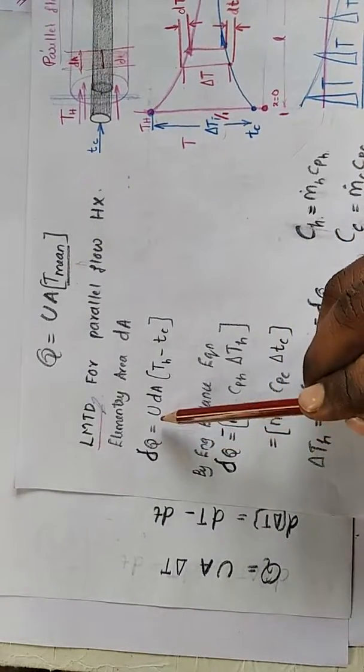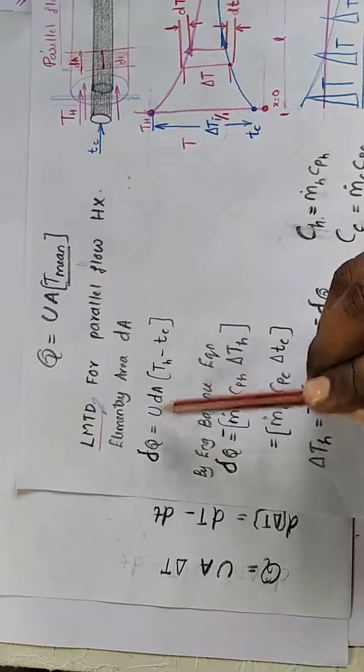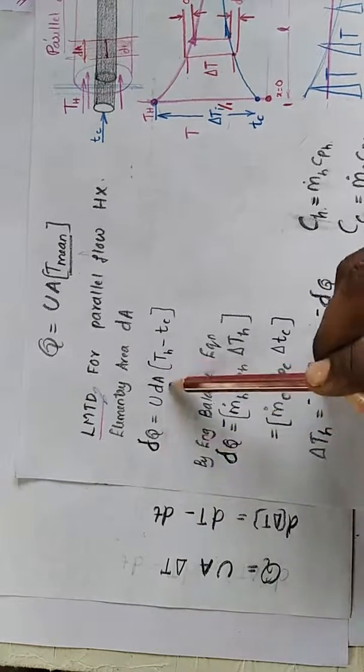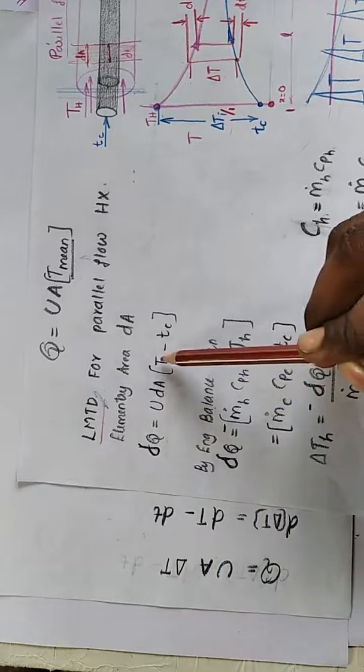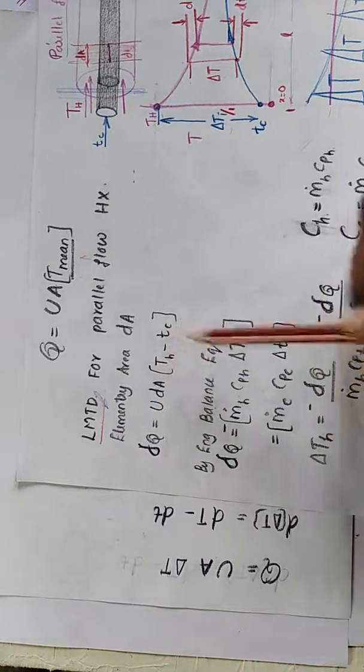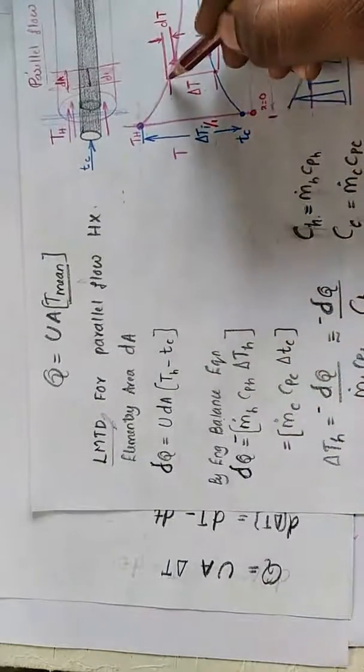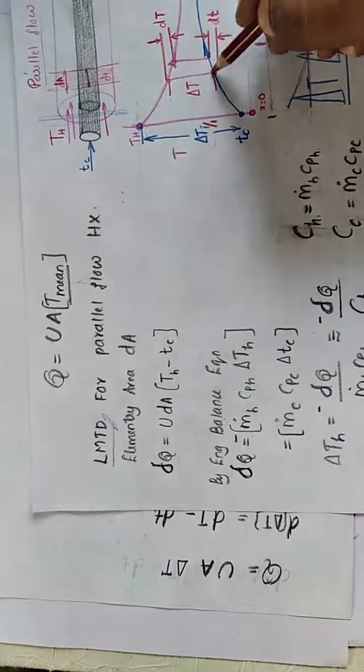As we know, delta Q is equal to U into dA into (Th minus Tc), or delta T, for a particular area. Here this is Th and here this is Tc.